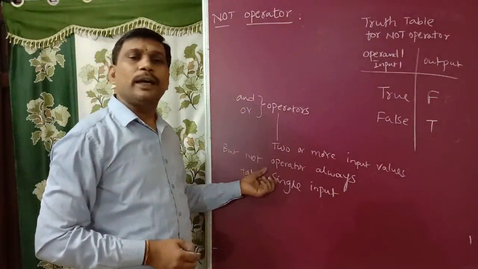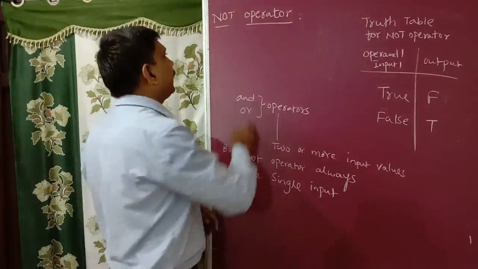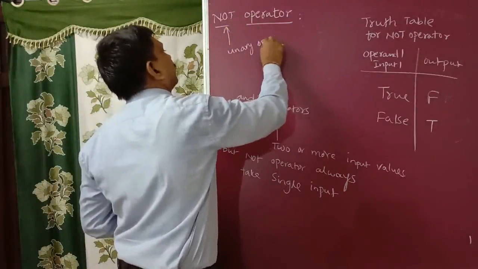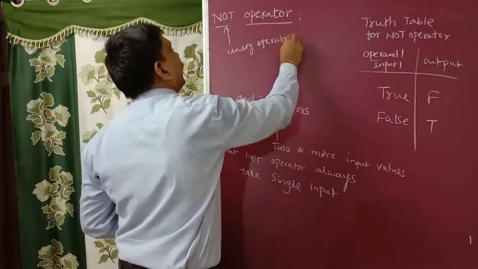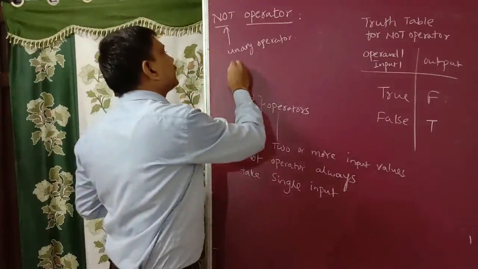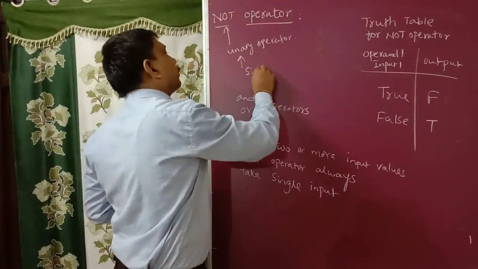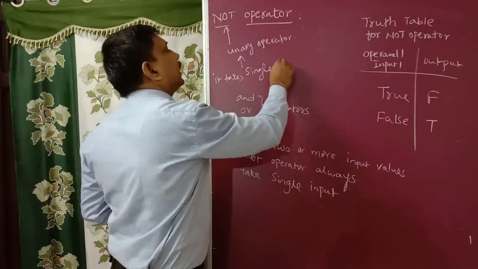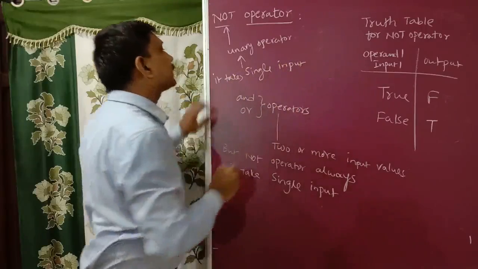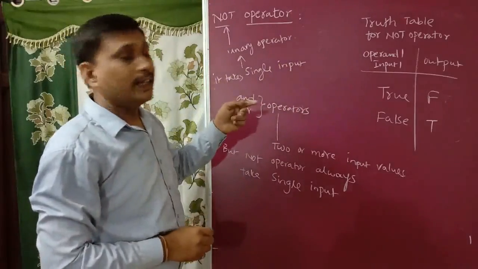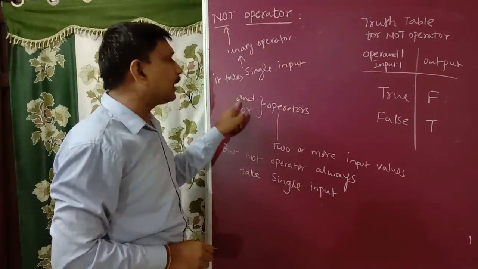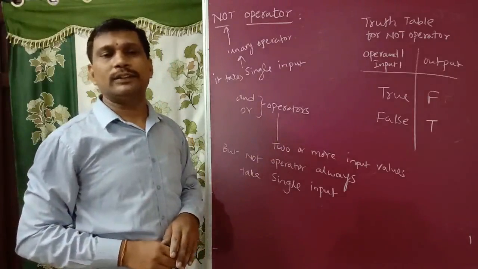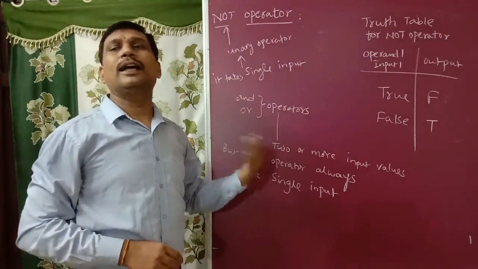It takes a single operand, which means NOT is a unary operator. That's why it is called unary. The AND and OR operators always take more than one input; they can be binary, ternary or n-ary.